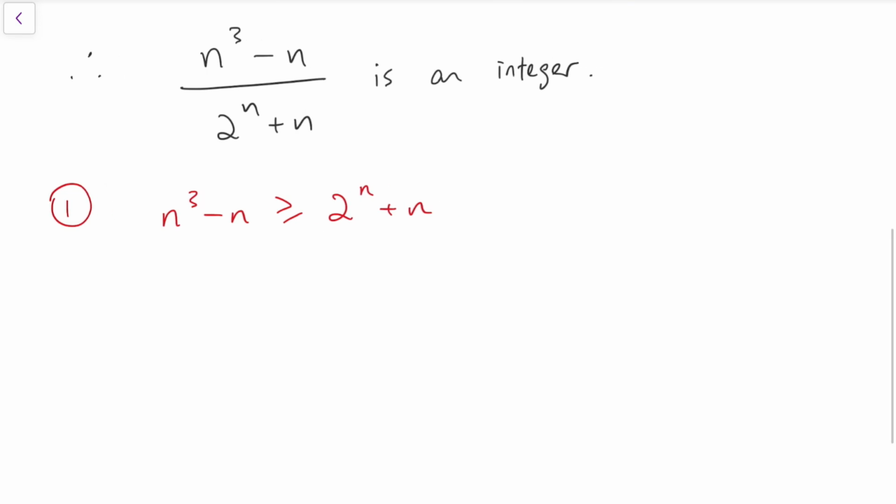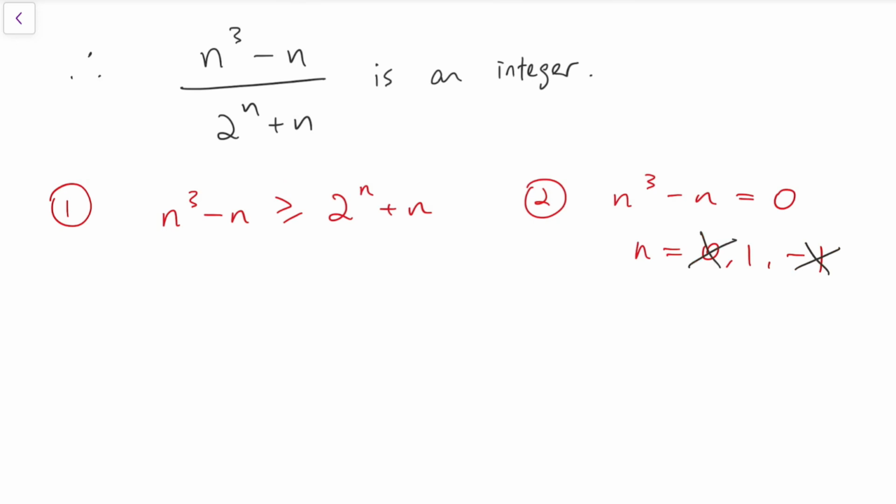And then the second case would be the numerator equal to 0. Otherwise the numerator would have to be smaller than the denominator, but the fraction is still an integer. The second case is easy because that only implies n equals 0, 1, or minus 1. We can quickly remove 0 and minus 1. So 1 is a valid solution.